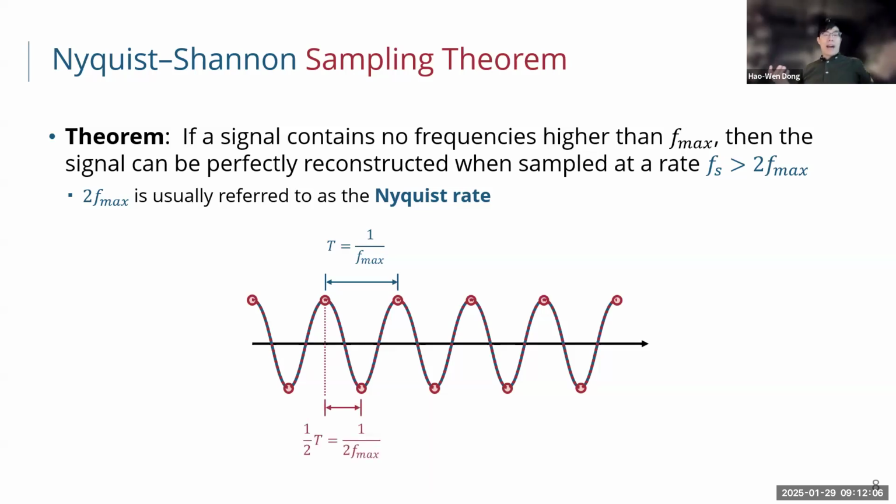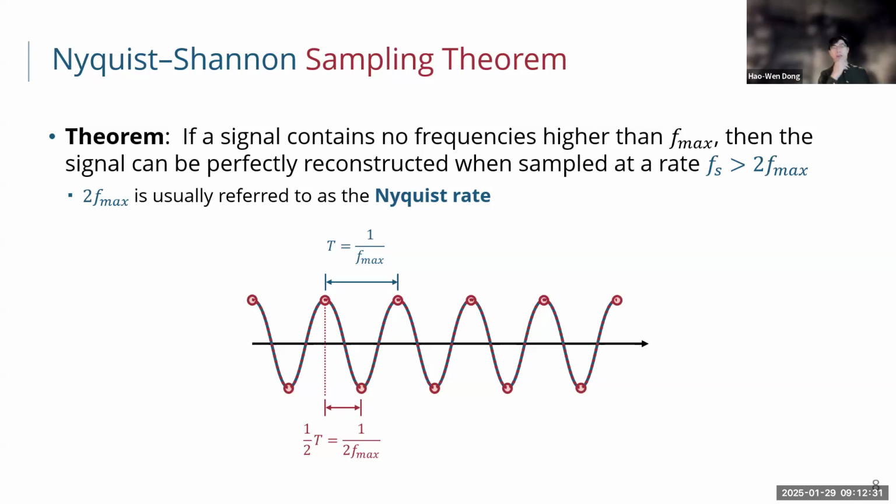If you look at how frequently we do the sampling, it's basically half the period, so basically double the frequency. That means if you want to cover, say, 10 hertz of sound, then you need 20 hertz of sampling rate.